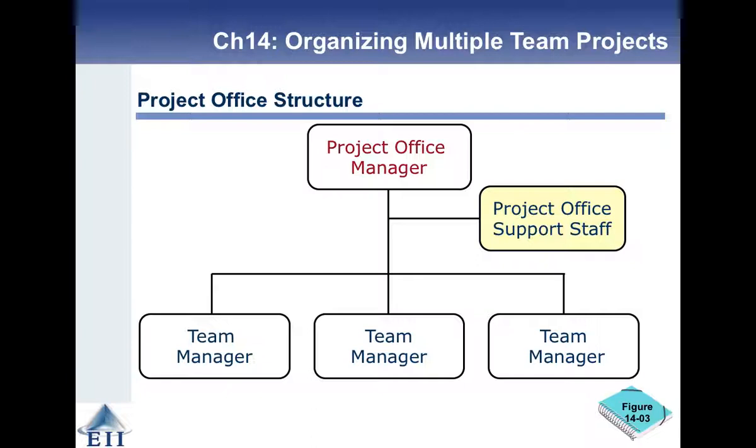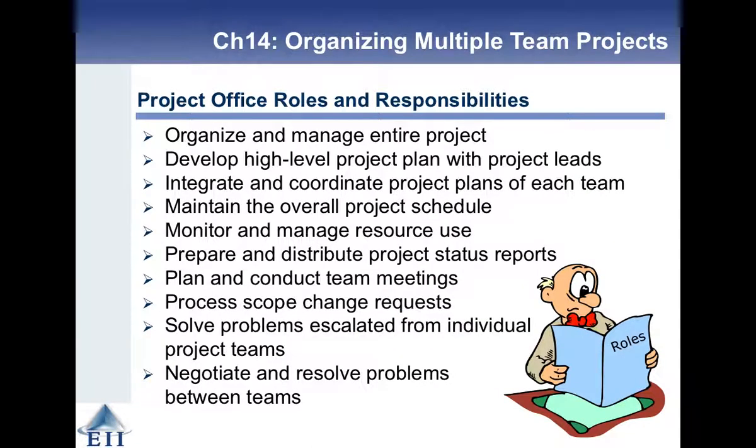You've got the managers of the different teams, and it's on the way down from the main manager to each of the teams. So what does the project office do? It organizes and manages the entire project. It develops the high-level project plan with the individual project leads. It integrates and coordinates across the teams.